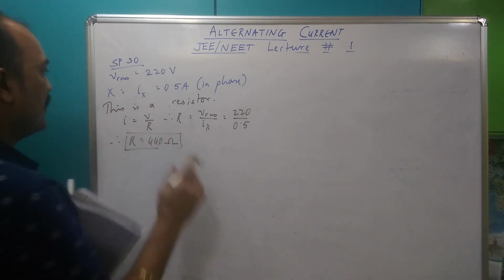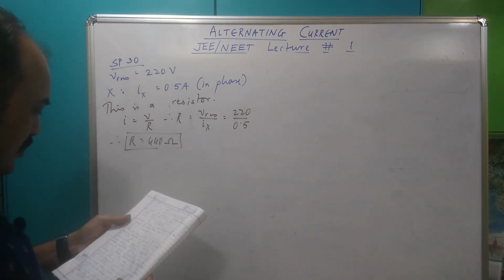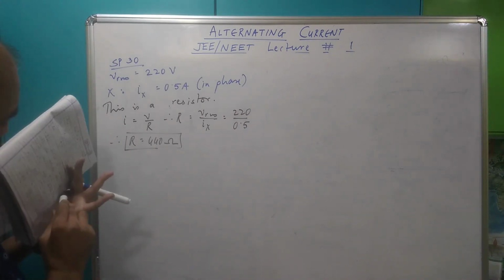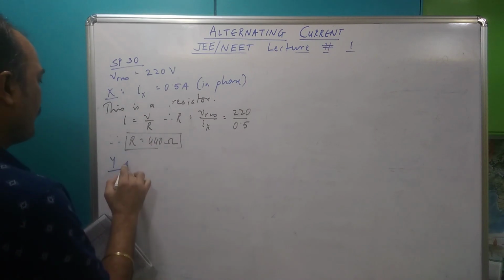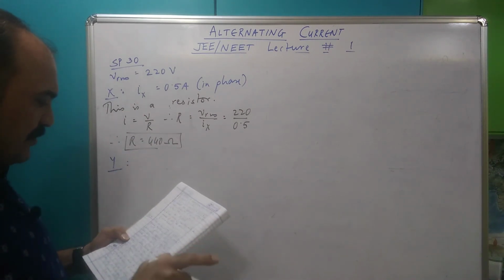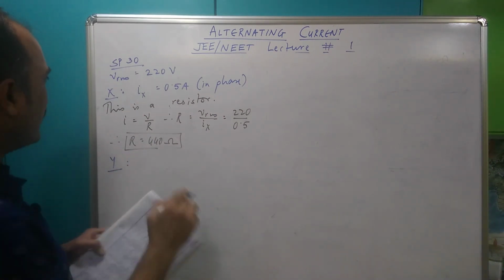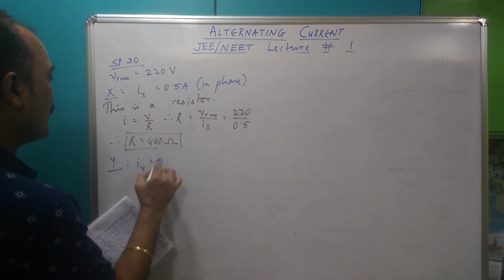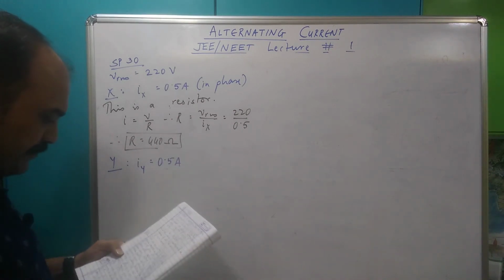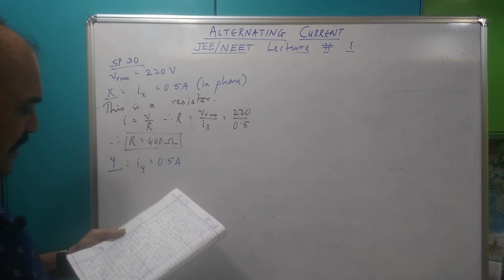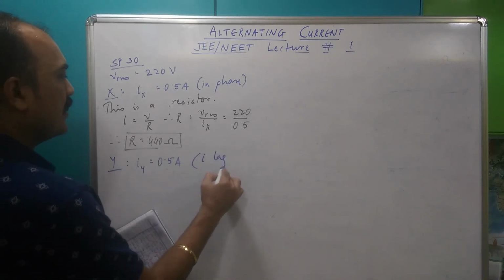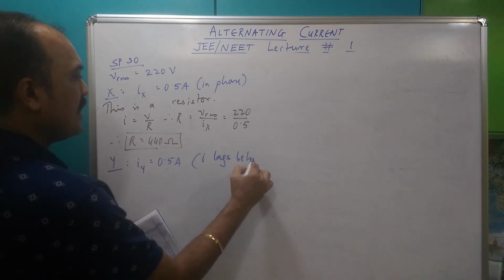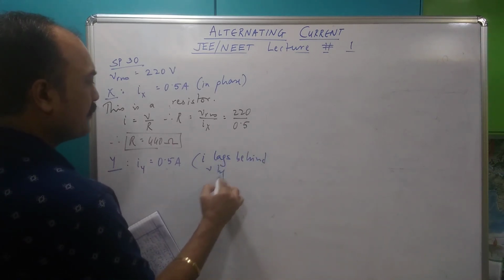Okay. ठीक है. Now there is another device Y. We'll look at that also. When the same voltage is applied across another device Y, the same current again flows. IY is again 0.5 ampere. But it lags behind the applied voltage by pi by 2. So I lags behind V by pi by 2.